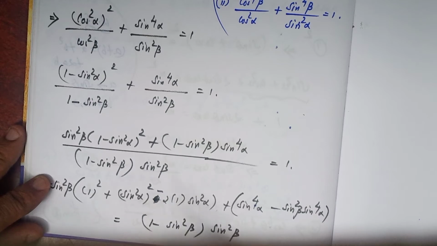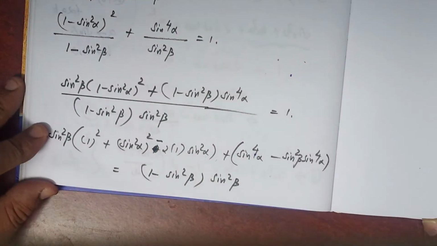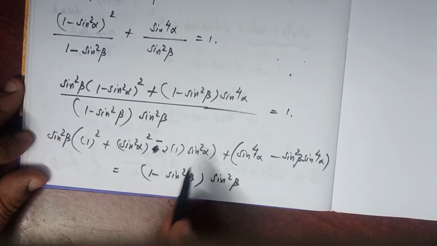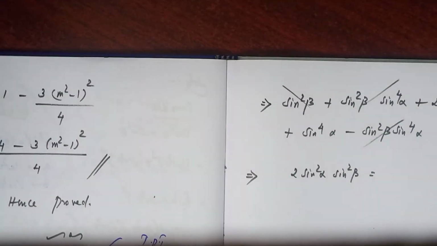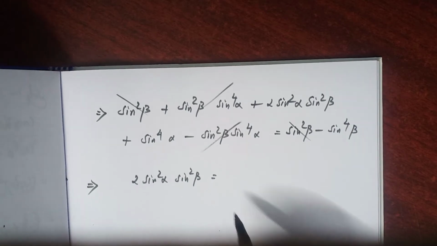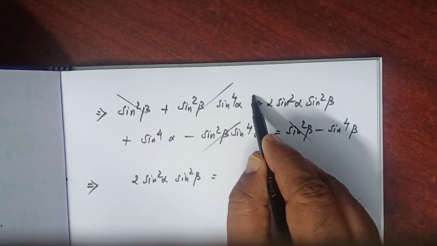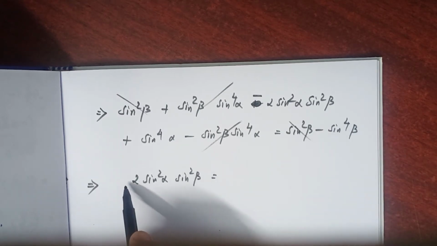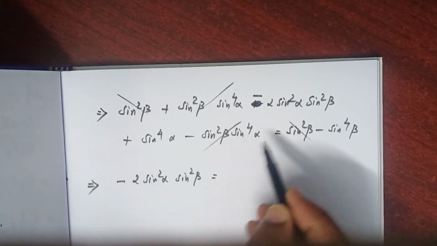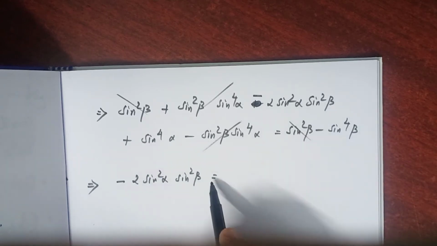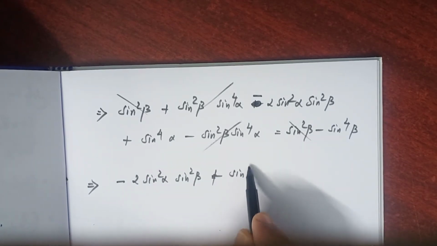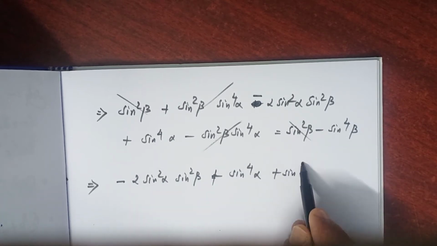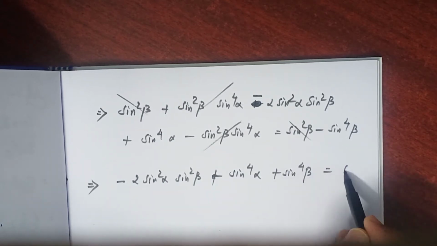This is not plus, minus here. So if you multiply these two, you will be getting minus 2 sin squared alpha sin squared beta. Here you have to change the sign, not plus, here minus. So here minus sin power 4 beta. So minus 2 sin squared alpha sin squared beta plus sin power 4 alpha, this one comes on the left hand side, plus sin power 4 beta, that is equal to 0.